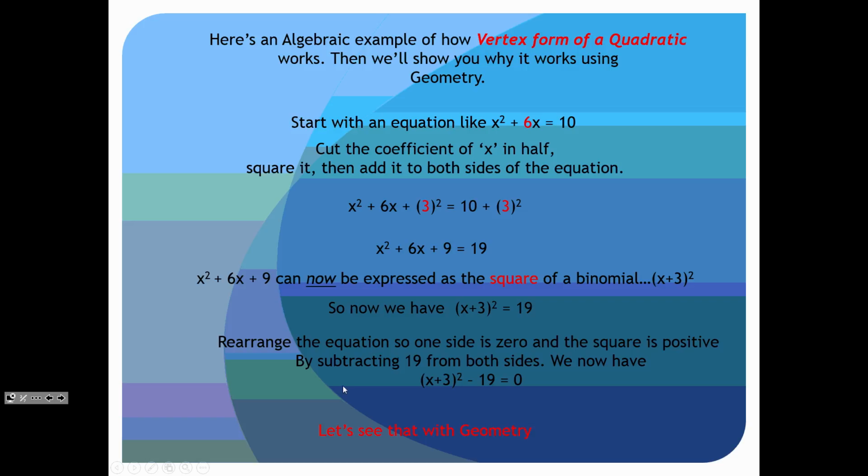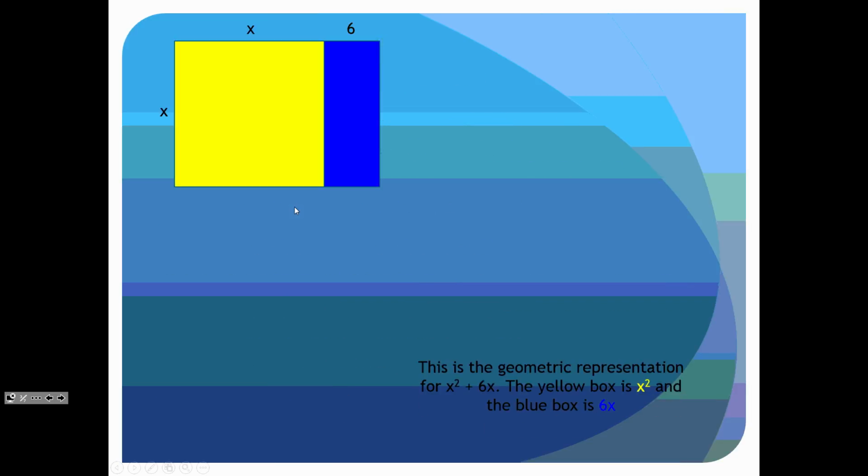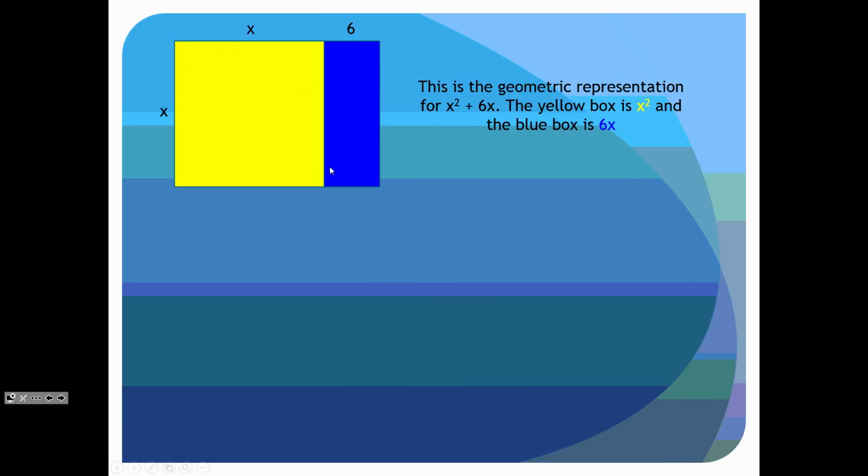Let's take a look at this with geometry. We have a square. That's the x squared plus 6x. It's the yellow box. The blue box is the 6x, so we're adding 6 and x. This is 6 long, this is x high. So this area is 6x, that area is x squared.